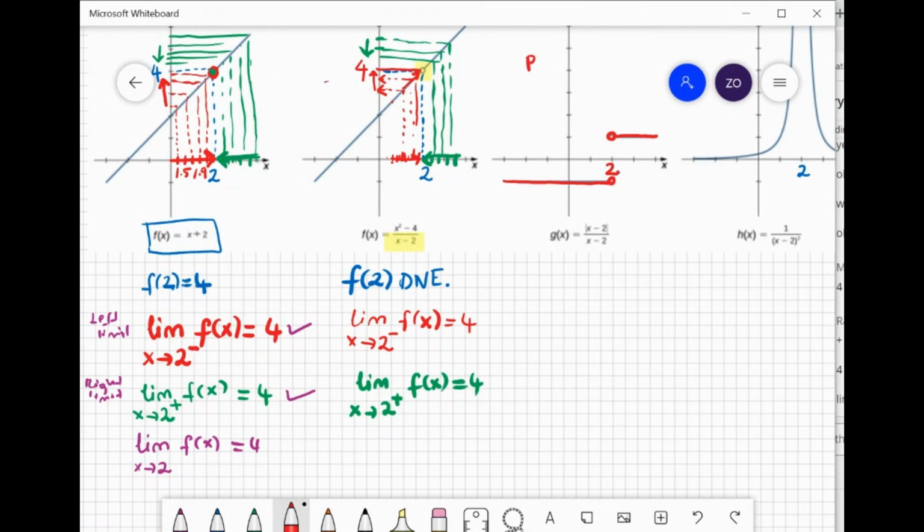So this is an example of a piecewise function. Okay, have you heard of that name? No. Okay, we will see other examples.